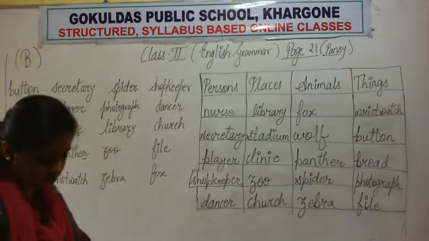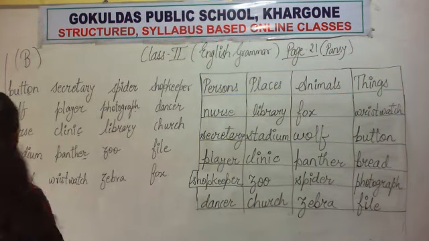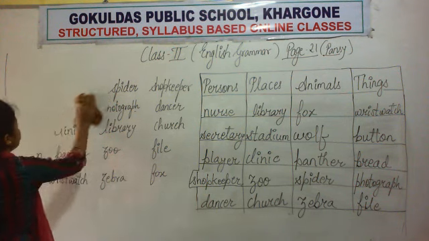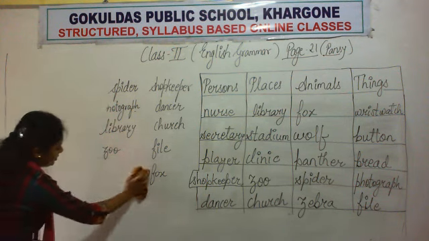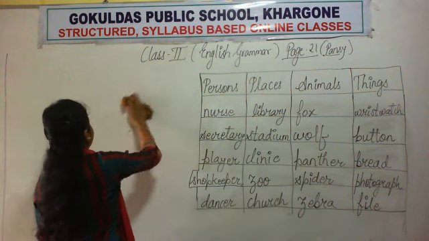Okay, so we are going to solve the next question. That is question number C. Sorry, I made a mistake. We are going to solve the next question, not the next exercise.